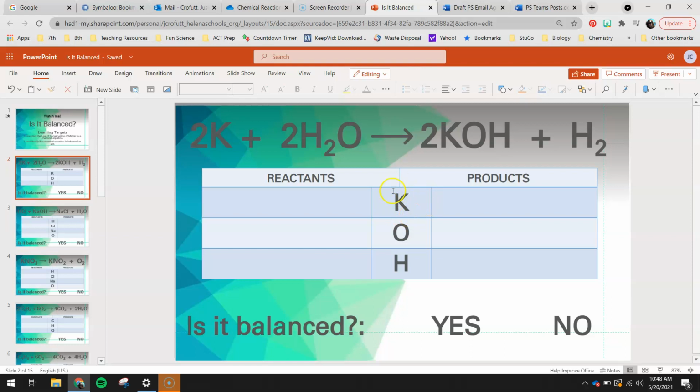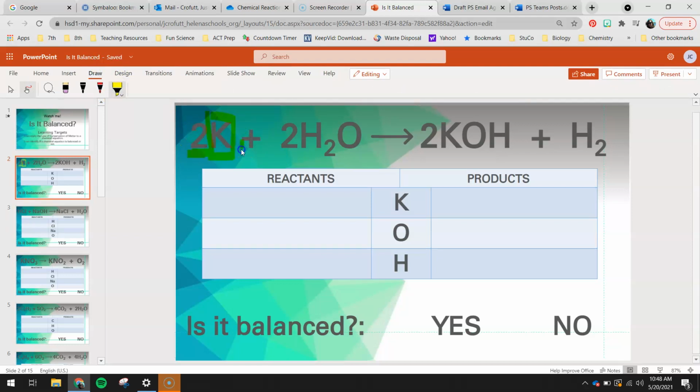Okay, so let's look at the first one, potassium. Let's go to our reactant side, and we're going to count how many atoms of potassium. If we look at our whole left side of this arrow here, those are our reactants. And this is the only spot right here where we have potassium. Because it has a coefficient at front and no subscript, we have 2 times imaginary 1, so 2 potassium.